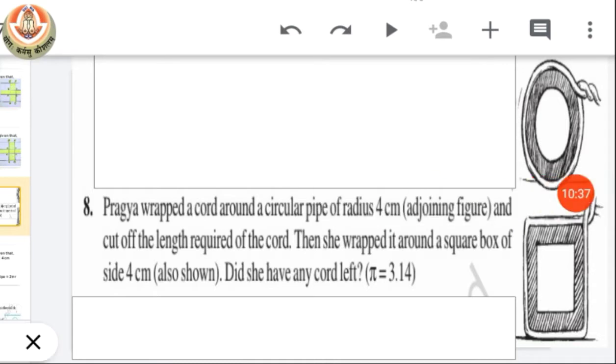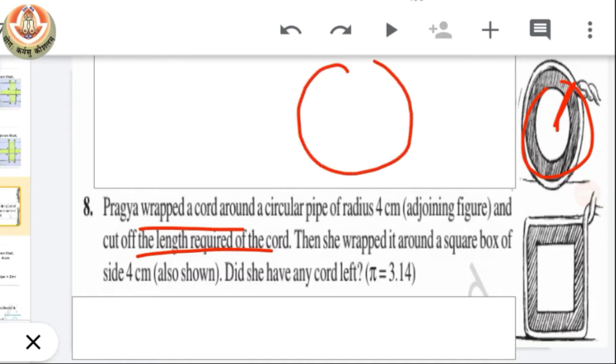The question is, Pragya wrapped a cord around a circular pipe of radius 4 cm and cut the length required of the cord. Means she only used that much length of cord which is equal to the circumference of this circular pipe. Now she wrapped the same cord around a square box of side 4 cm.